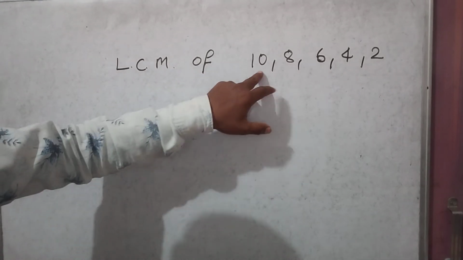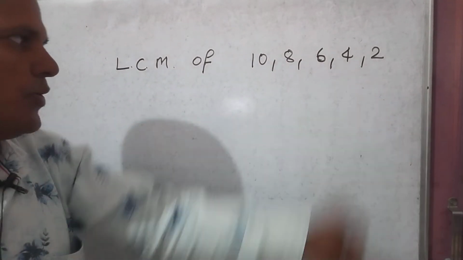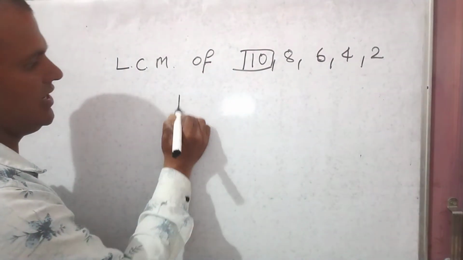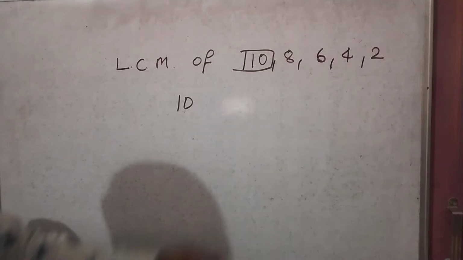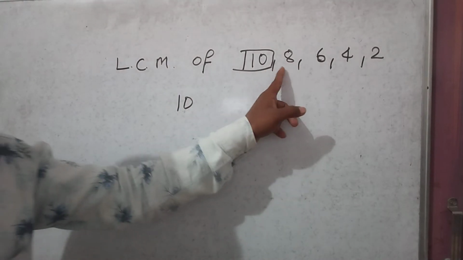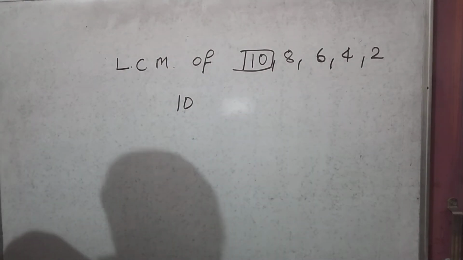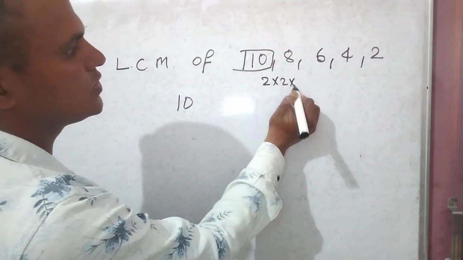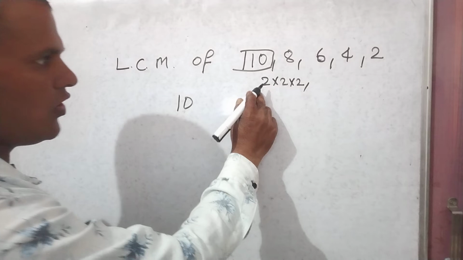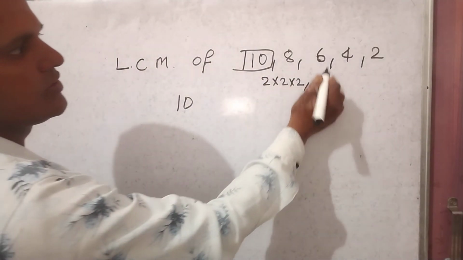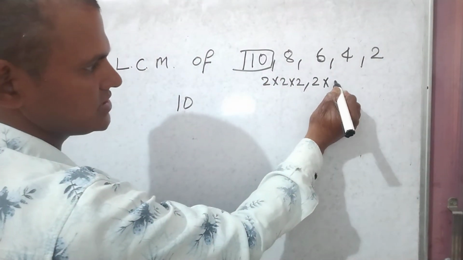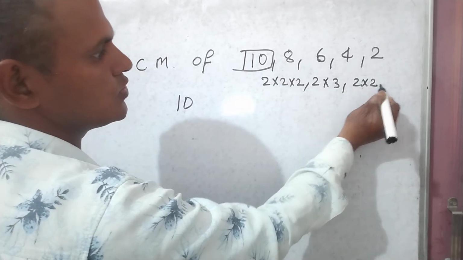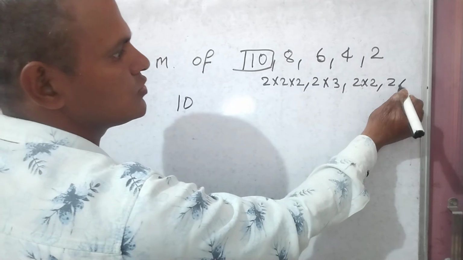Next, LCM of 10, 8, 6, 4, 2. What is the biggest number of this series? 10. Pick it. 10 is not divisible by 8. So take factors. The factors of 8 are 2 into 2 into 2. The factors of 6 are 2 into 3. The factors of 4 are 2 into 2. The factors of 2 are 2 into 1.